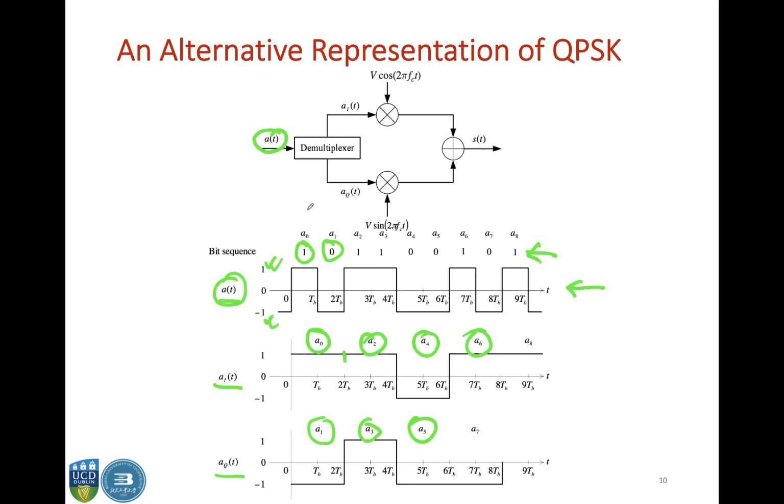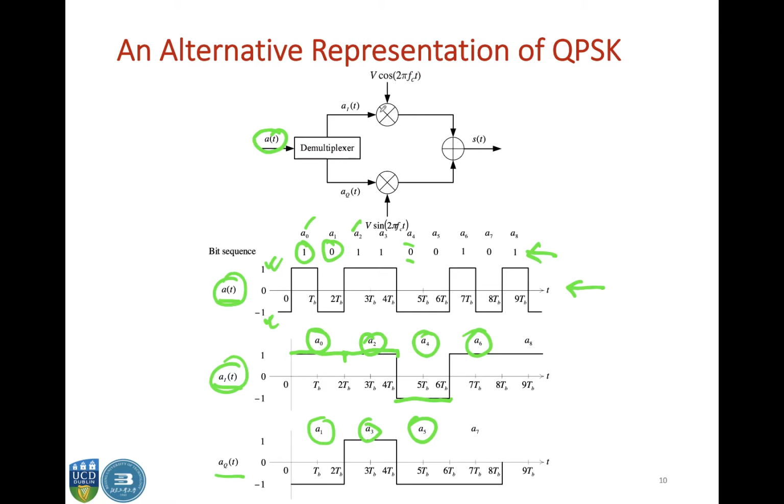So you take a0, and you retain a0 for 2 bit intervals. Then you take a2, you retain it for 2 bit intervals. Then you take a4, which is 0 here, so this is negative here, and you retain it for 2 bit intervals. In that way you construct aI(t), and similarly you construct aQ(t) by only taking the odd number of bits and retaining them for 2 bit intervals.